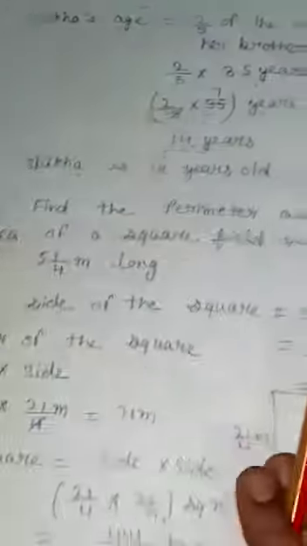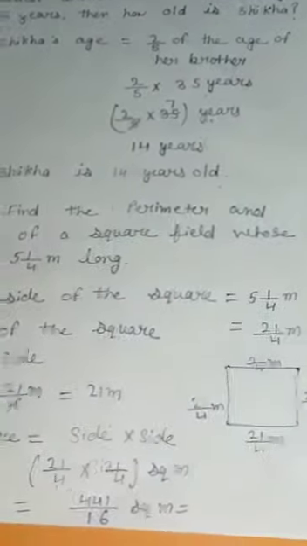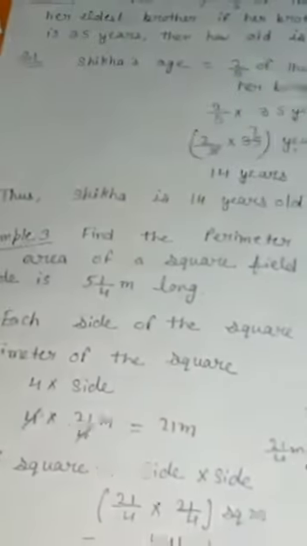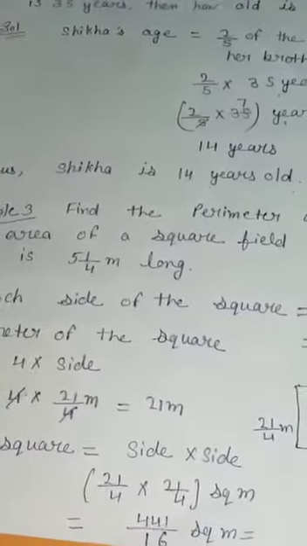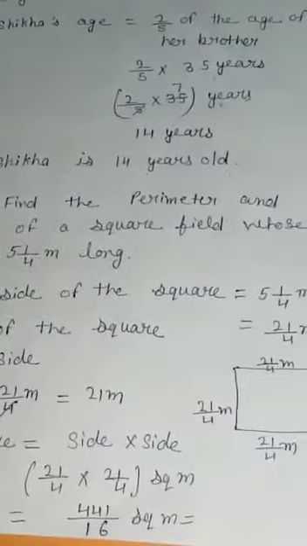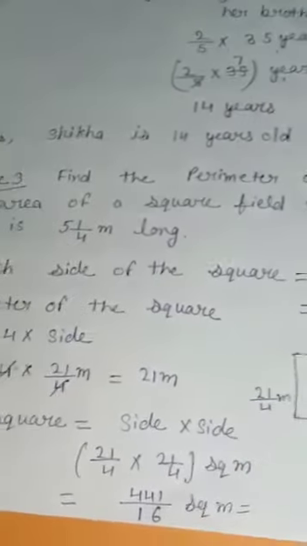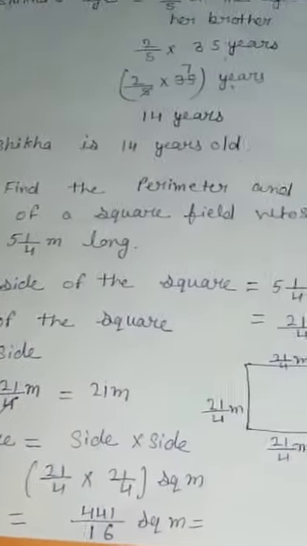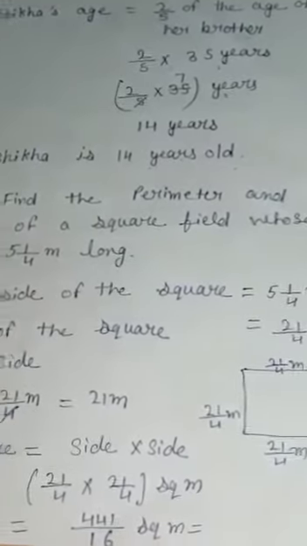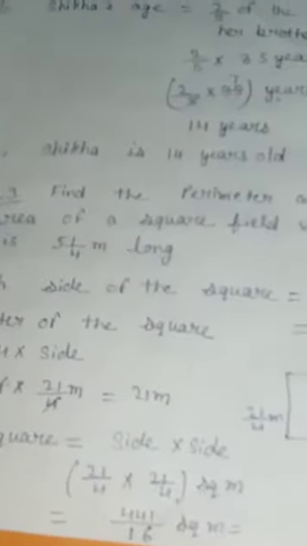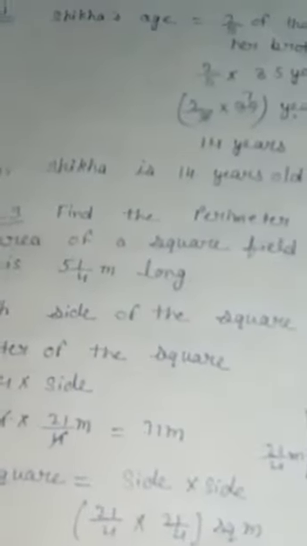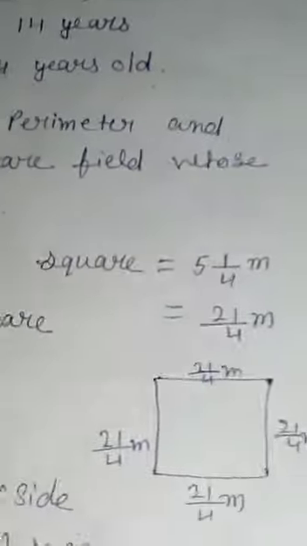Next example is: find the perimeter and the area of a square field whose side is 5 1 by 4 meter long. Each side of the square is 5 1 by 4.